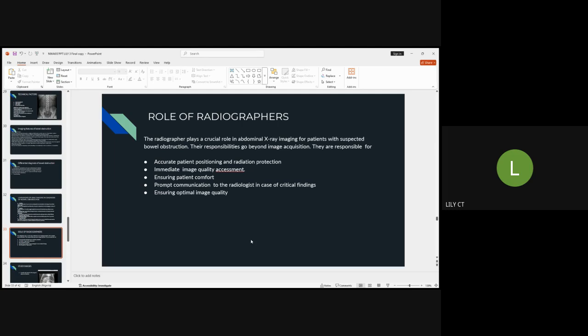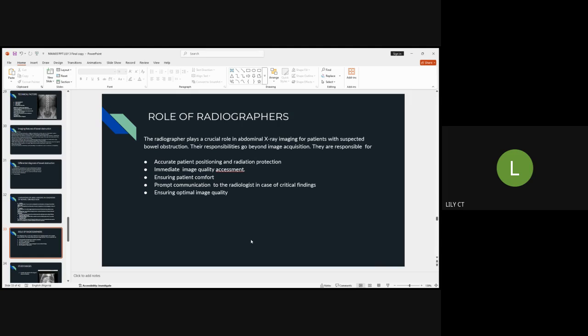Immediate image quality assessment. So it is a radiographer's duty, after taking an image, to check: is this image okay? Is there anything I could have done better? Is there a way to get a better image? The radiographer is also responsible for ensuring patient comfort, and communicating to the radiologist in case of critical findings.